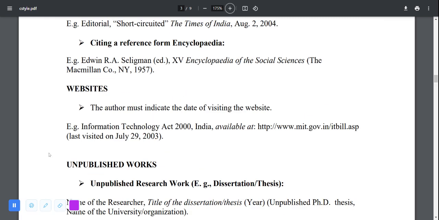And then you have to use, under the bracket, "last visited on". After you provide last visited on, provide the date, the day you had accessed the website, the day you had found the information. Got this? Good.